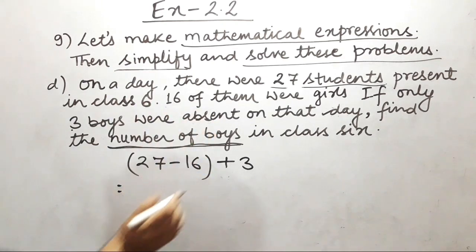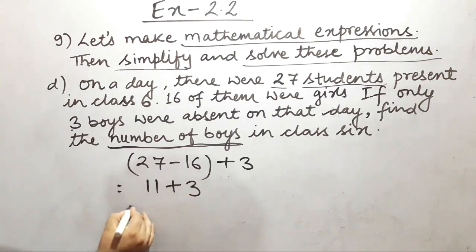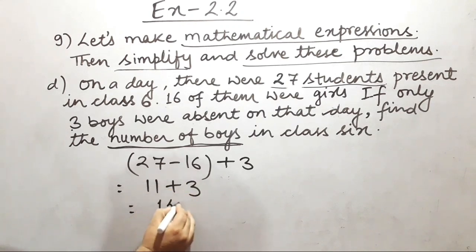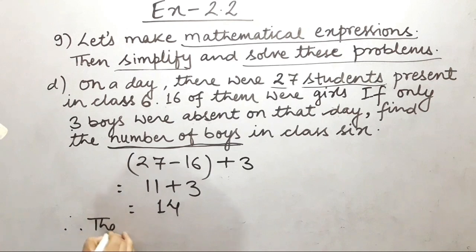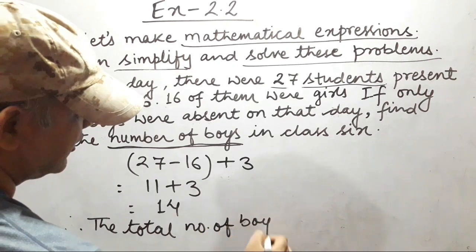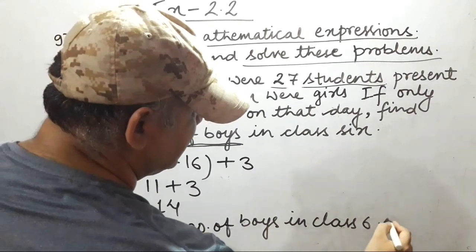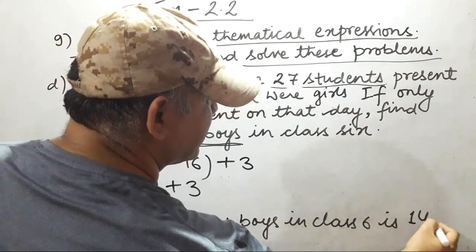So 27 minus 16, it would be 11 plus 3, 14. So this is the total number of boys in class 6. Therefore, the total number of boys in class 6 is 14.